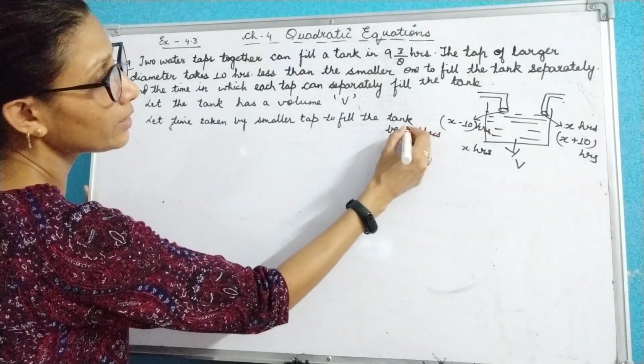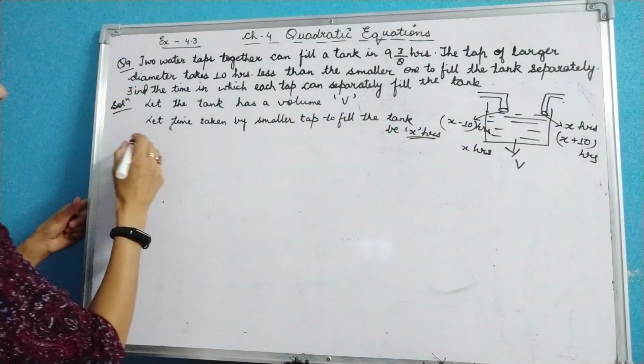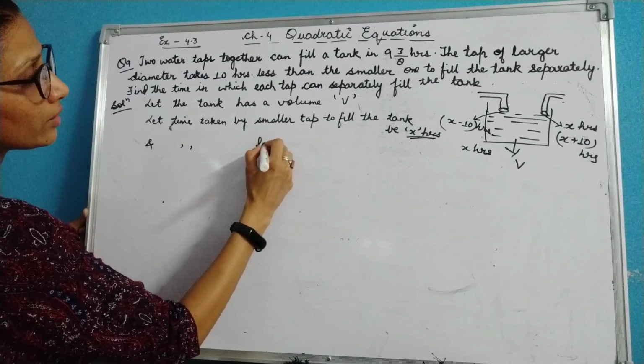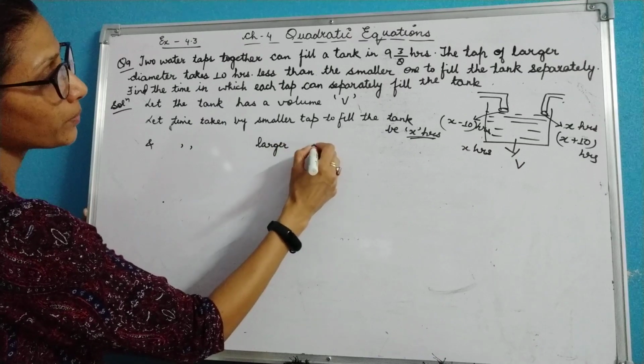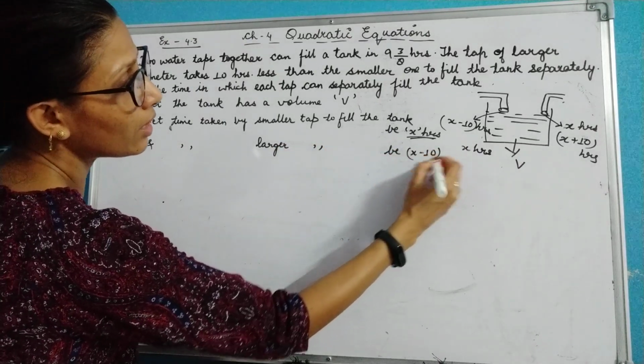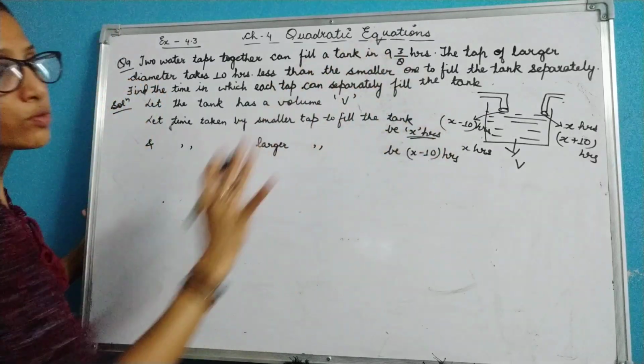So this is the time taken by the smaller tap, and the time taken by the larger tap to fill the tank be X minus 10 hours. So these are the things which we have taken.